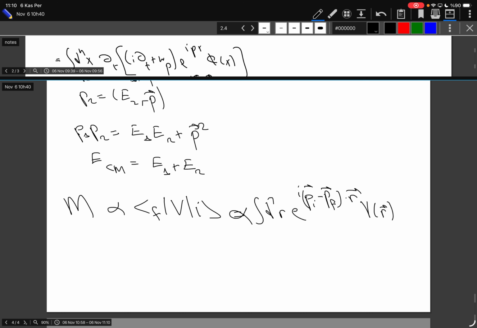So if I can determine this m squared as a function of q, well, I'm actually measuring the potential that these two particles are interacting with. Of course, higher orders will give higher order terms. Those will basically modify the interaction potential between these two particles.